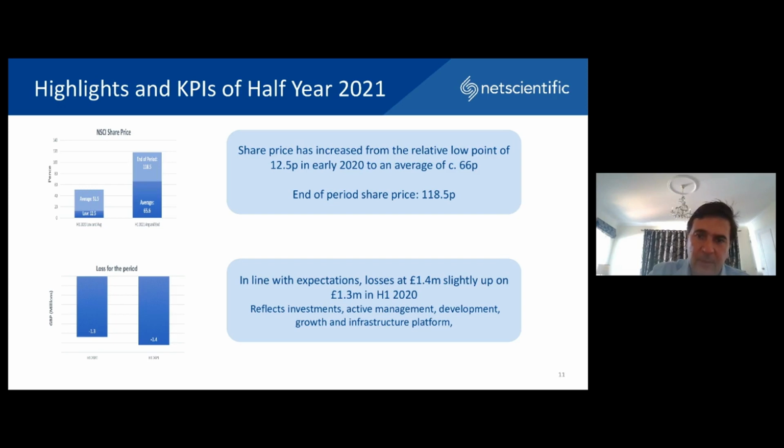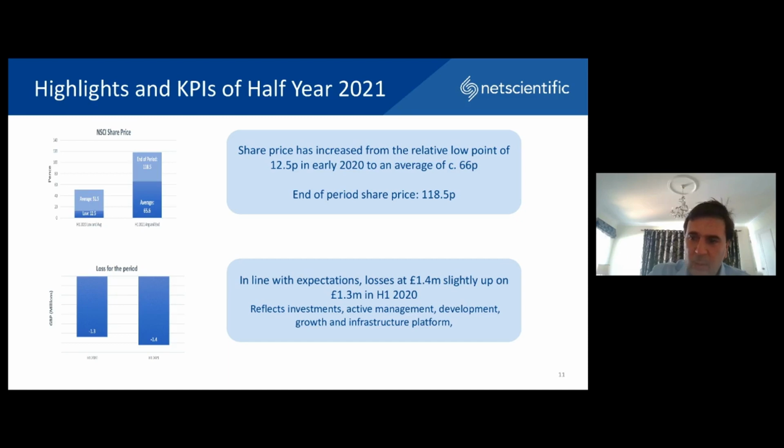But this is one side of the story, and for those that have participated in the business in the early stages as shareholders, you have already had a significant return. The other side, of course, is those that have joined us earlier this year at the 130p, who are very much looking forward to the further return possible. And here what I'll flag is that we believe that the market continues to significantly undervalue NETScientific, and we'll go through the numbers why we believe that's the case.